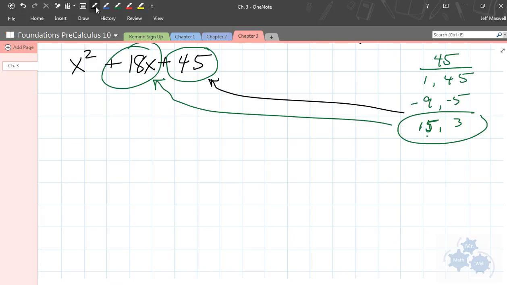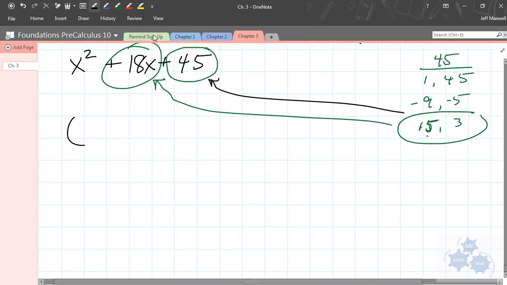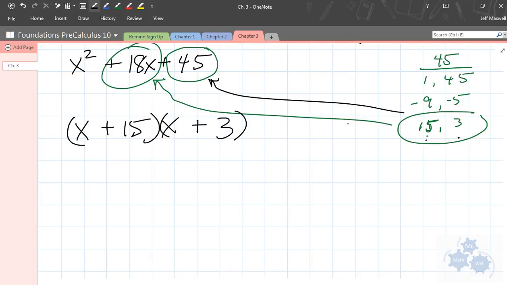So now what we do is we say, okay, it's a trinomial. It comes from a product of two binomials. The variable is right here and right here. That's x. And the two numbers are 15 and 3. Are they positive or negative? They're both positive, so it's plus 15 plus 3. So we're taking the patterns that we've noticed when we expanded, and we're using those patterns to now factor, because that's the opposite of expanding.